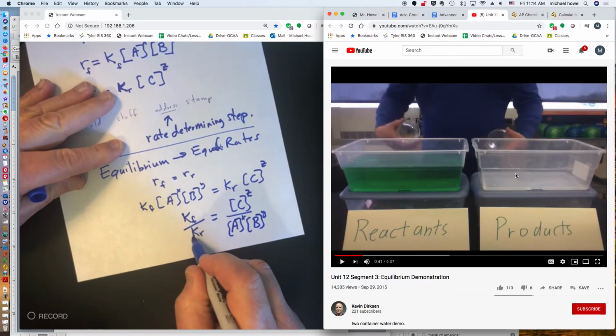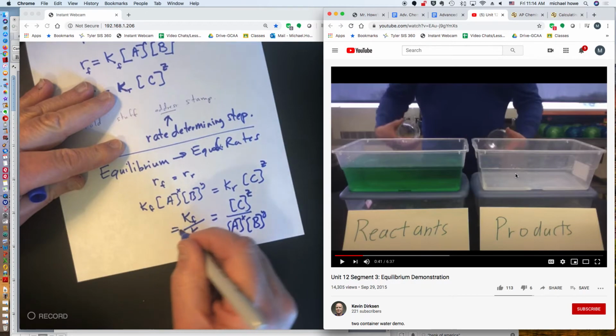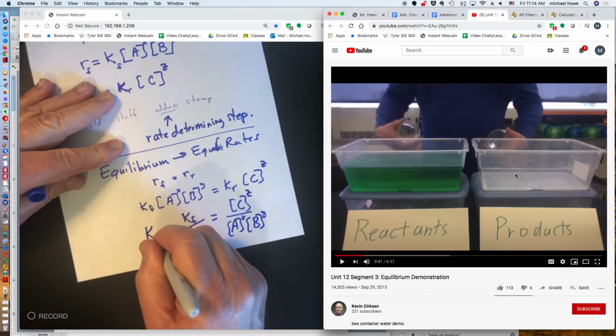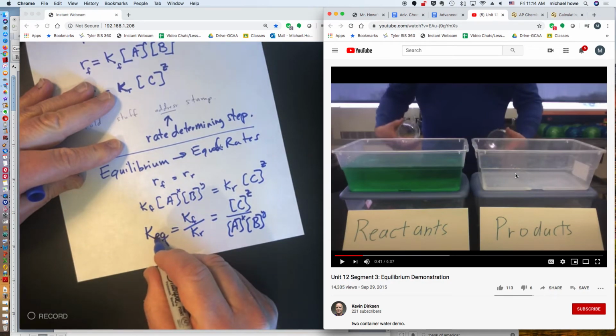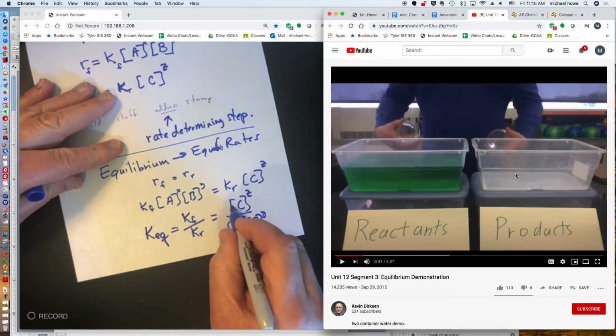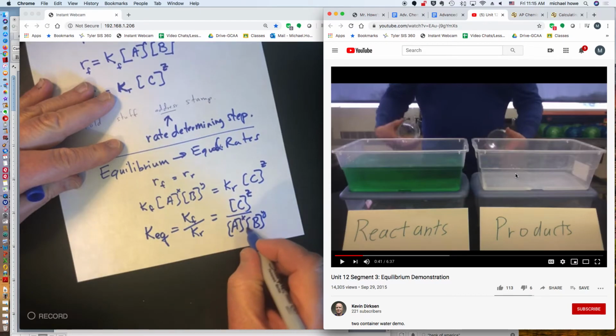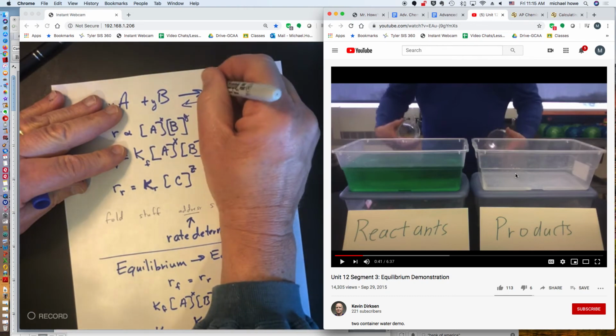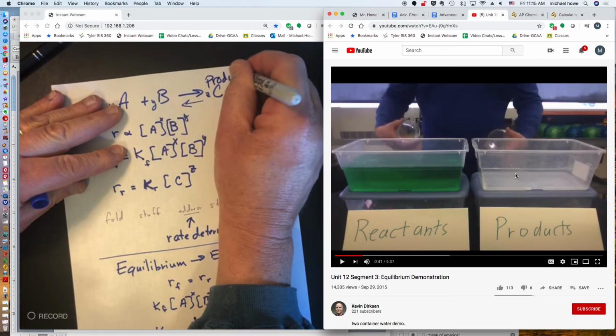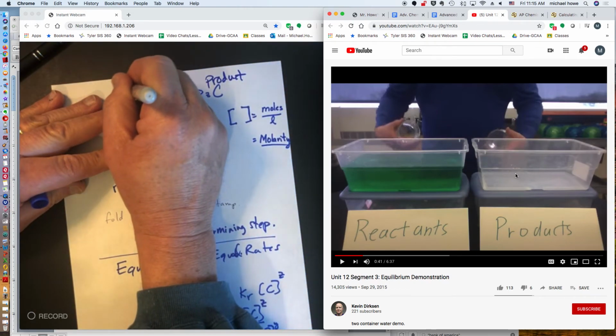Now this is a ratio of constants. This constant divided by this constant is equal to what we call in chemistry the equilibrium constant, KEQ. So KEQ is a ratio of products to reactants. Did you notice that the C is the product in this chemical equation? These are the things that react.